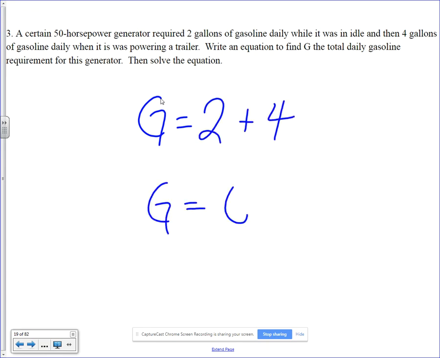So when all is said and done, I need 6 gallons of gas for that thing for the whole day. Everybody all right there? We knew everything we needed to know to answer that question, didn't we? That's why we didn't have to plug in a number for a variable. We knew everything. Let's try again.